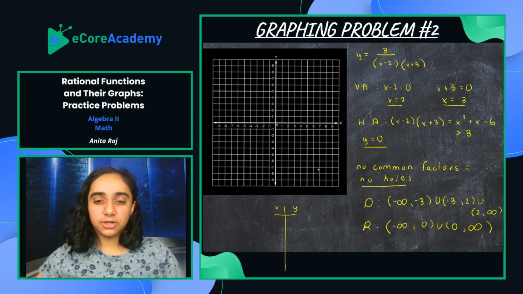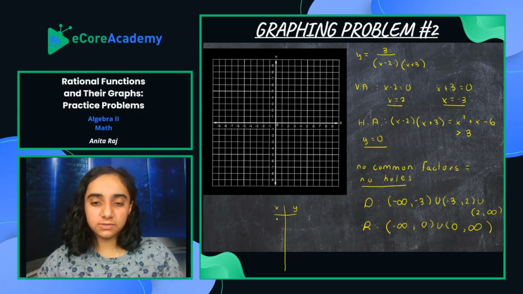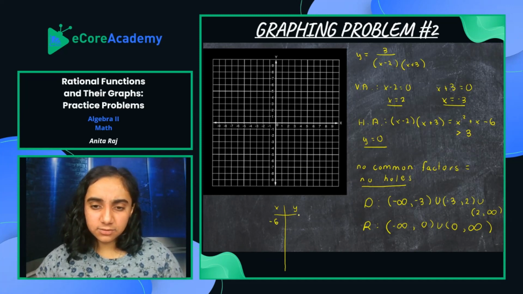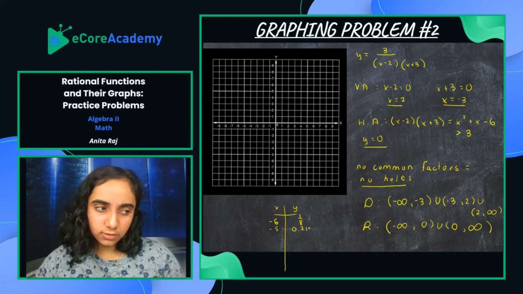Now we're going to use our calculators to find the coordinates we want to plot. We start at negative 6, where we have 1/8 as a point. Then negative 5 gives 0.2143. At negative 4 we have negative 1/2.